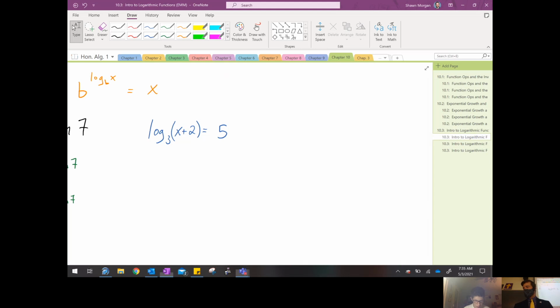Jake, you got an idea of what we want to do to both sides? I wanted to set the base to 3 and put that as the exponent. Log base 3. Fabulous.